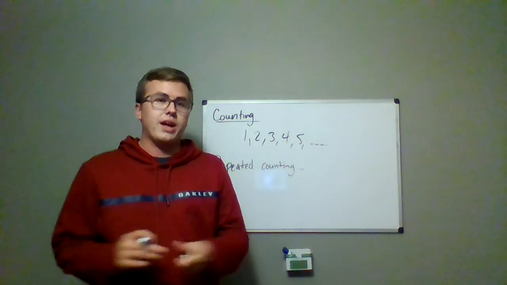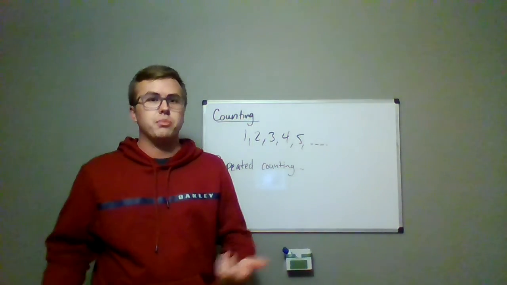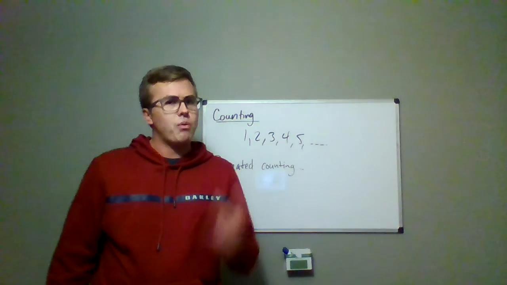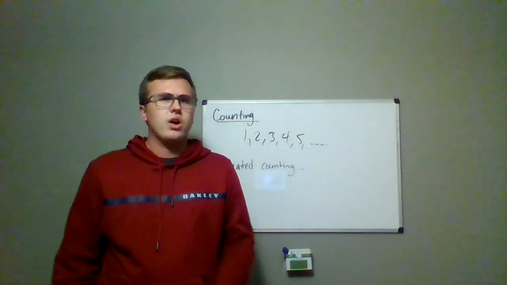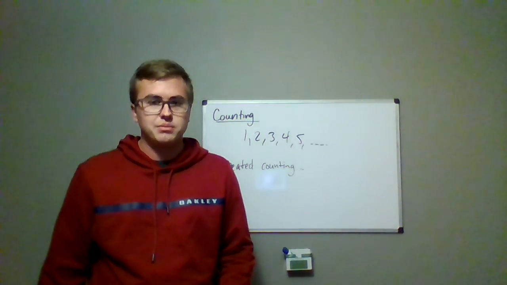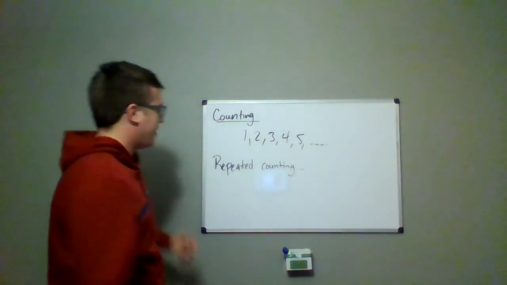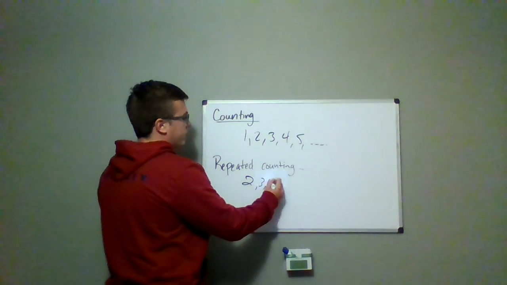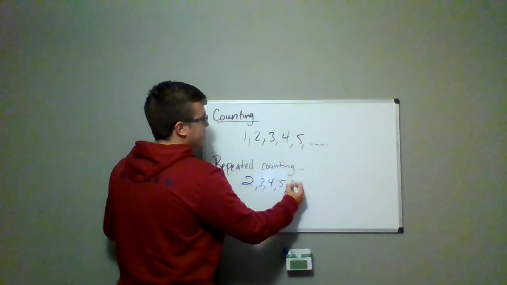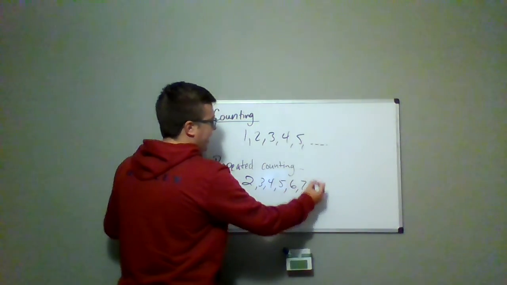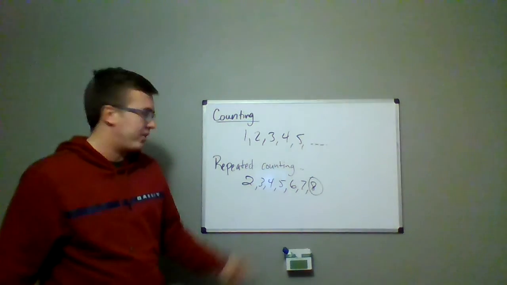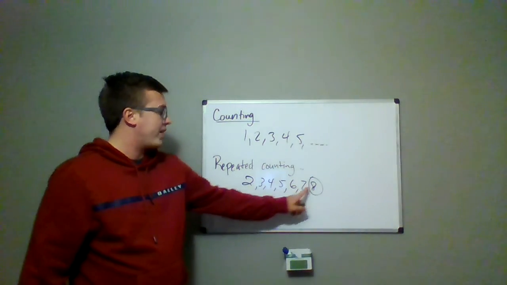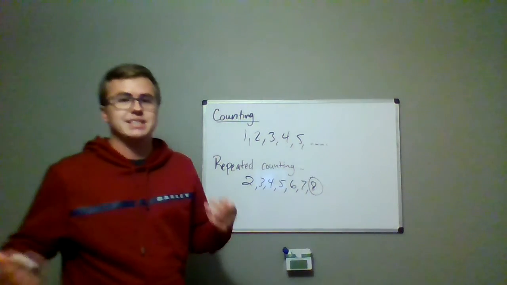But then what happens if we want to repeat that counting? Let's say I want to start at 2 and count up 6 more times. If you start at 2 and count up 6 more, that would be 3, 4, 5, 6, 7, 8. 8 would be your final number because you counted 1, 2, 3, 4, 5, and then ended on that 6th number.